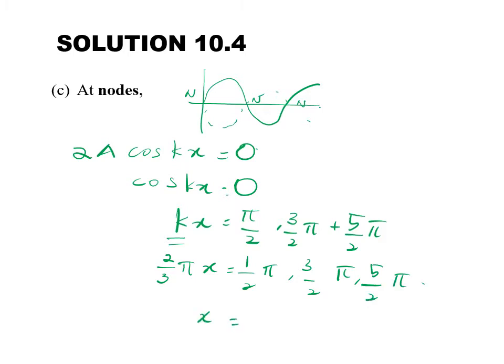So if you just want to find the value of x, you need to divide by 2/3 pi.